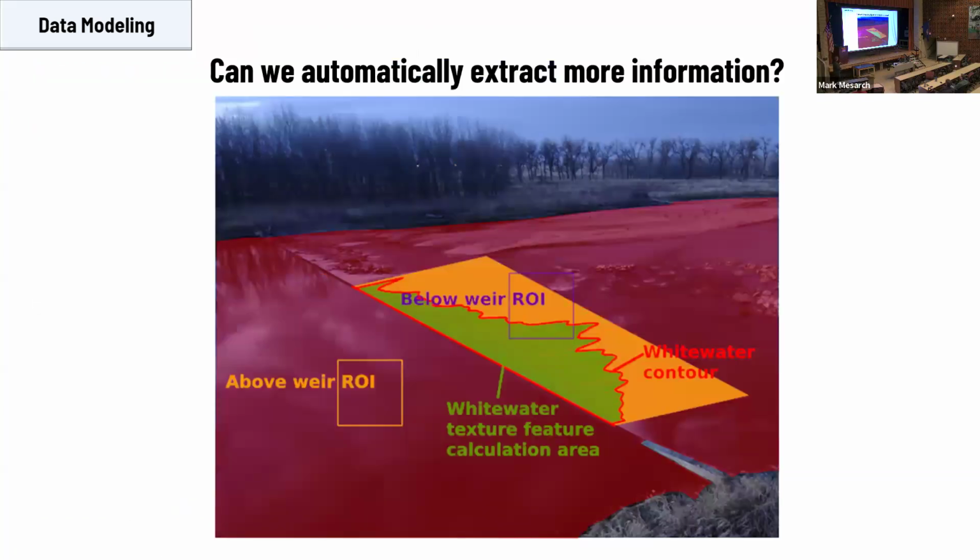So what we're interested in now is moving beyond that to automatically detecting the whole river channel, or maybe just the part of the river channel that has water in it at any given time. Similar to what Emma did on that wetland area. So what we want to do is automatically detect this and then extract information potentially from this whole area.